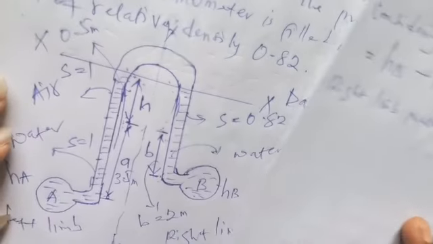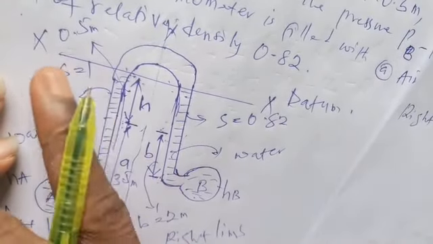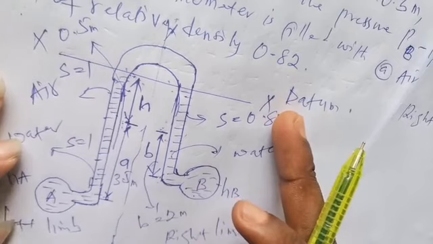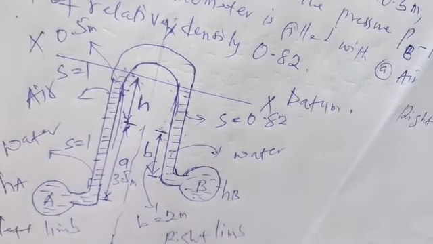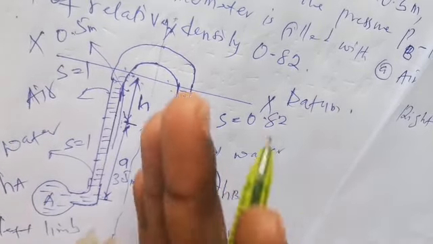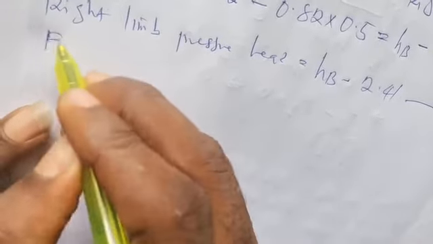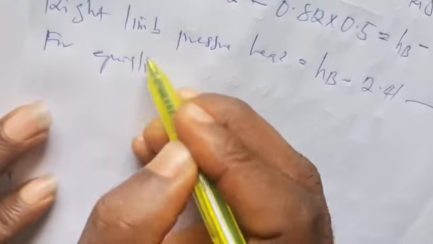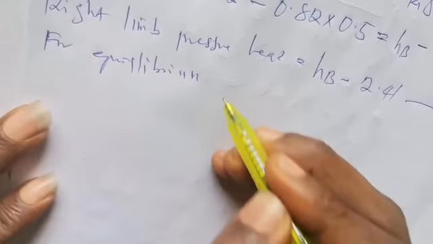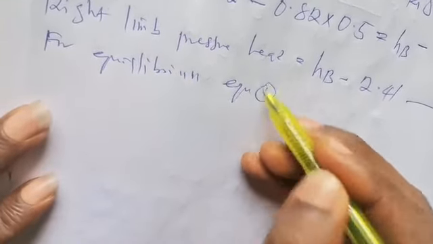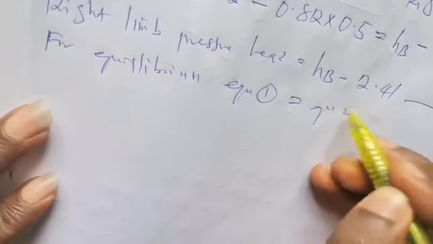Now, I said earlier in my videos on YouTube on manometers that at the datum line, equilibrium condition is maintained. And what is this equilibrium condition? The pressure head on the left limb equals the pressure head on the right limb. So for equilibrium, equation 1 equals equation 2.